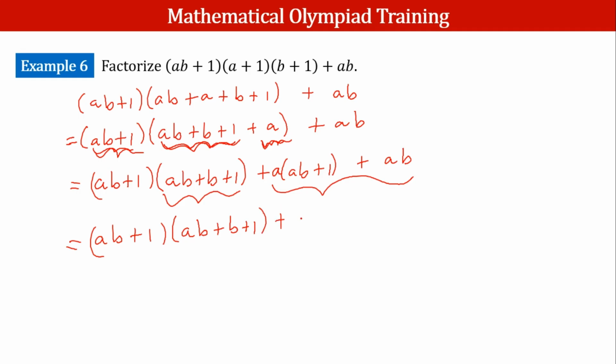Factor out a, you will have a times ab plus 1 plus b. Alright? So if we rearrange ab plus 1 plus b into ab plus b plus 1, we can factor out also ab plus b plus 1. We will have ab plus b plus 1 times ab plus 1 plus a.